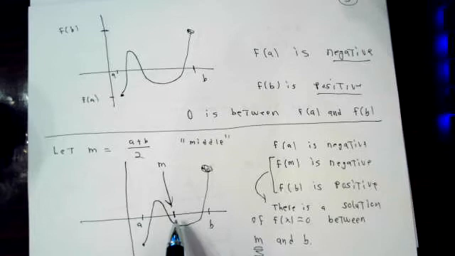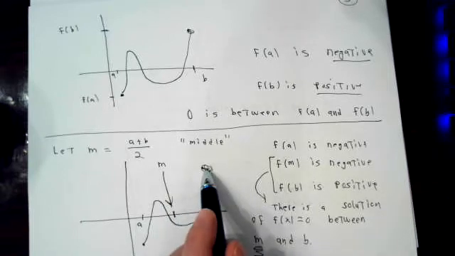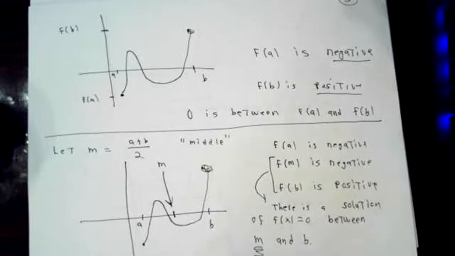If f of m is negative, as it is in this case, having a negative function value here and a positive function value here tells me that somewhere between what I'm currently calling m and what I'm currently calling b, there has to be at least one solution of f of x equals 0.